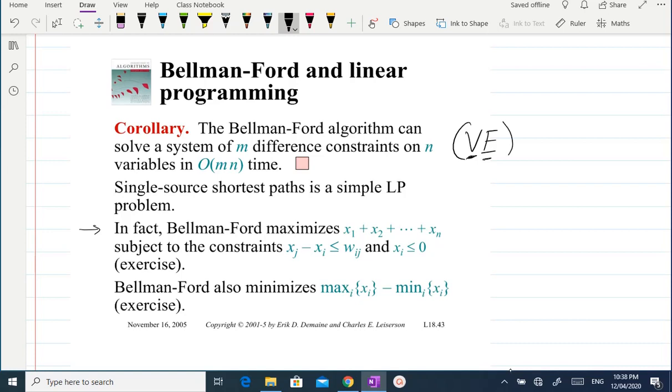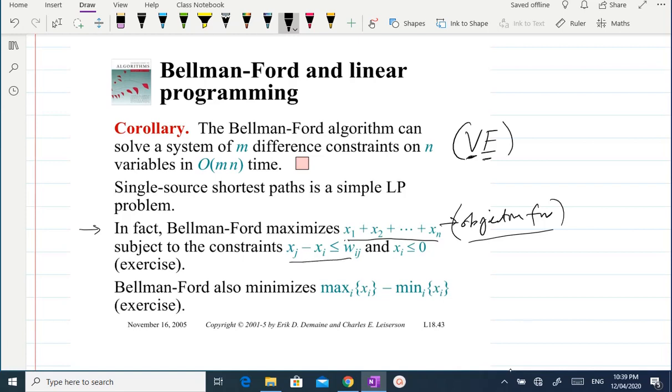Number one, Bellman Ford maximizes the sum of all the variables, x1, x2, x3, and so on. Do you remember the objective function in linear programming? Think of it as an objective function which it is maximizing all the time while satisfying all the constraints.